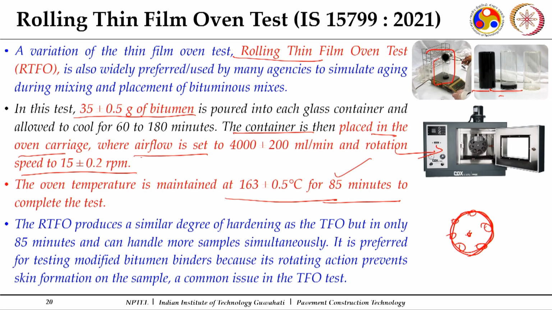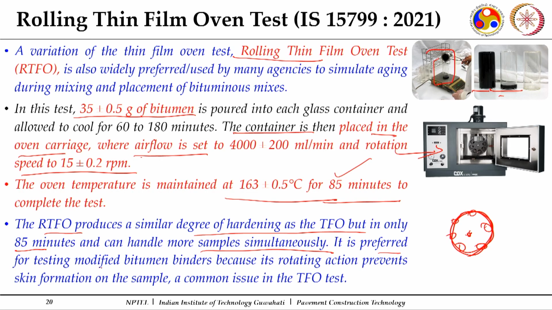So, we are able to produce more short term aged binders in a smaller duration of time, and there are reduced chances of any skin formation specifically with this. The RTFO produces a similar degree of hardening as the thin film oven, but in a shorter period of 85 minutes, and can handle more samples simultaneously, because you can insert around 8 bottles in one go compared to the 3 pans usually used in the thin film oven.